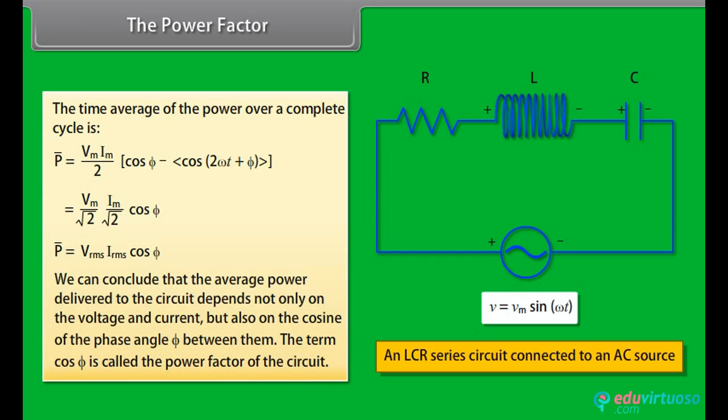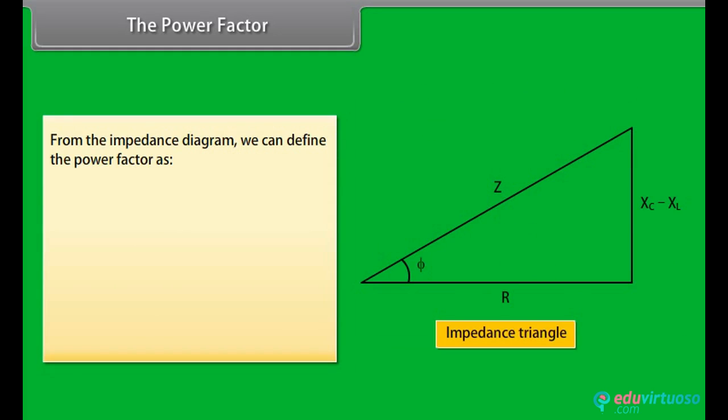We can conclude that the average power delivered to the circuit depends not only on the voltage and current, but also on the cosine of the phase angle phi between them. The term cos phi is called the power factor of the circuit. From the impedance diagram, we can define the power factor as cos phi equal to R upon Z, which is equal to R upon under root R square plus (XC minus XL) square.